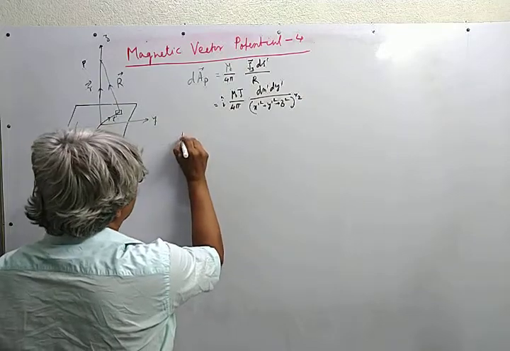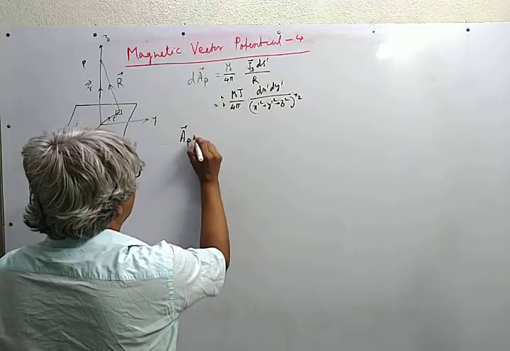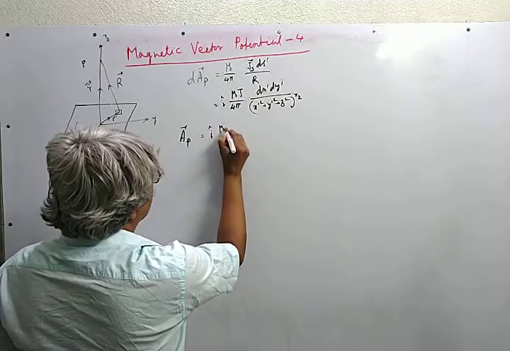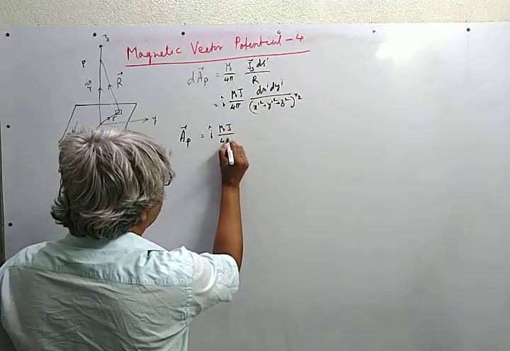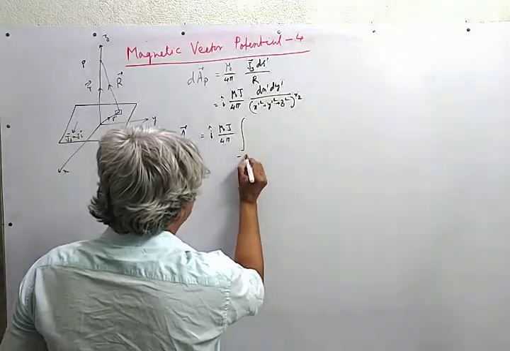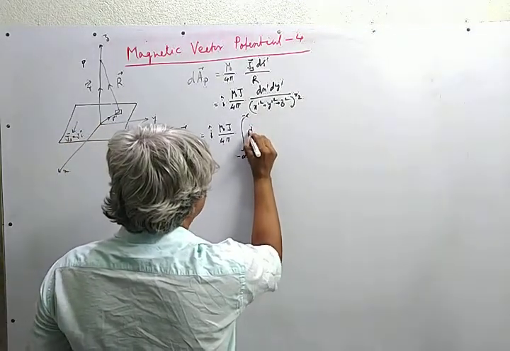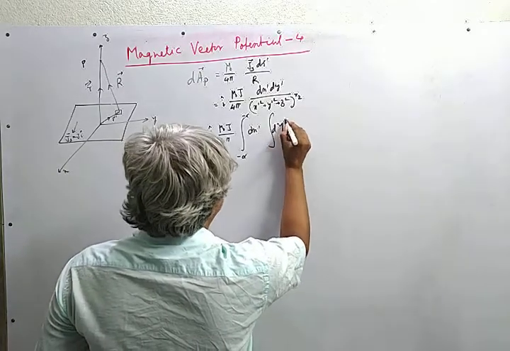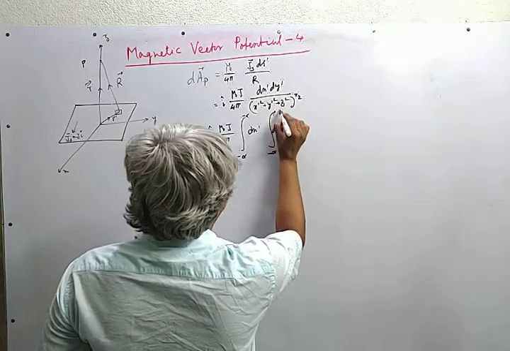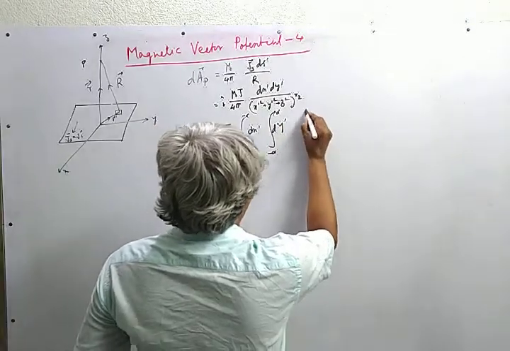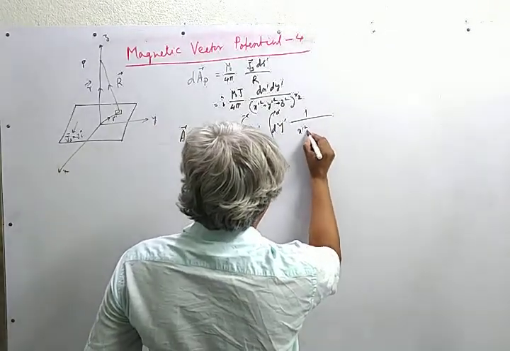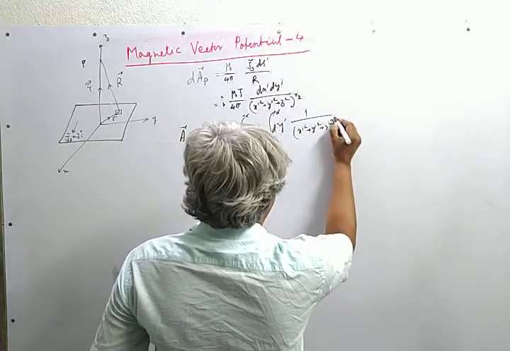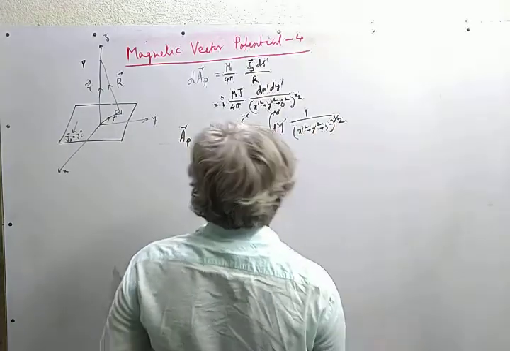That is to say that A at P is equal to i cap mu 0 J upon 4 pi, integration from minus infinity to plus infinity dx prime dy prime over (x prime square plus y prime square plus z square) to the power half.